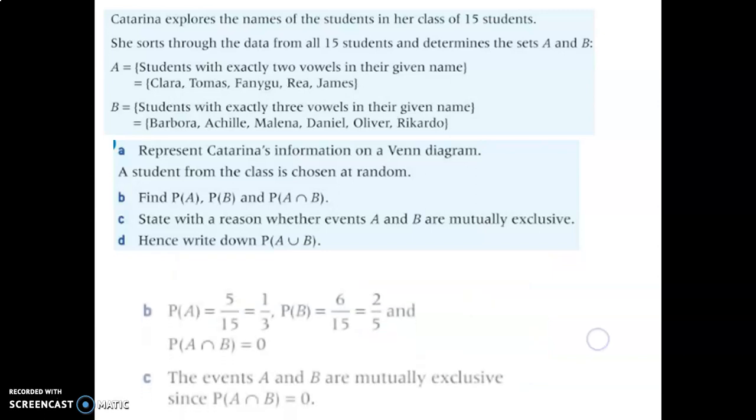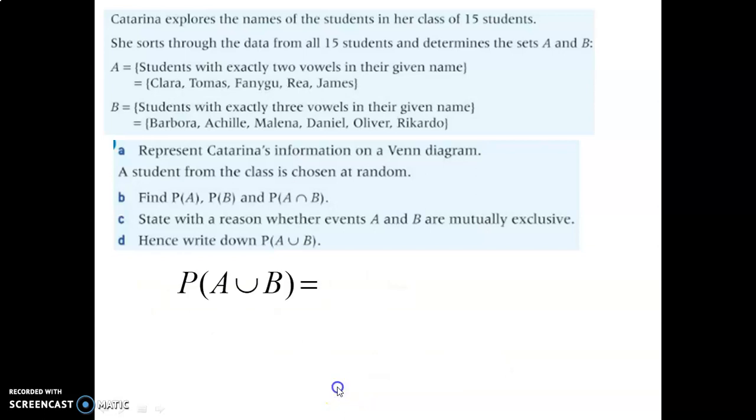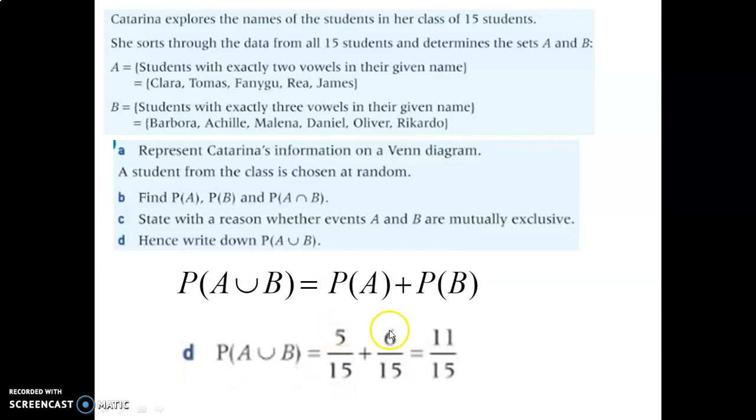And then B and C, check those answers. C is particularly important here, we mentioned that. There is no intersection. And then D. We're looking for the union, we know they're mutually exclusive, so there's our union, we just add them up.